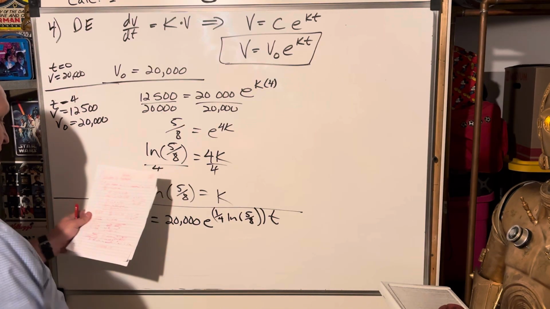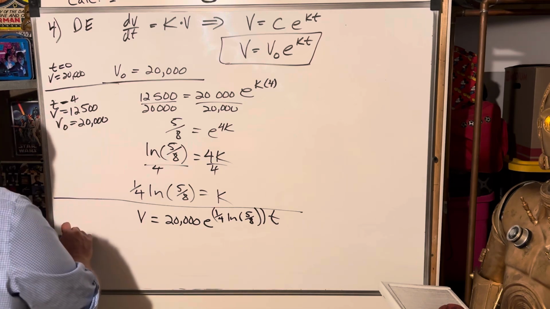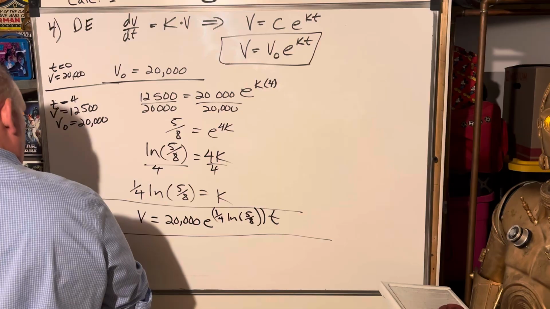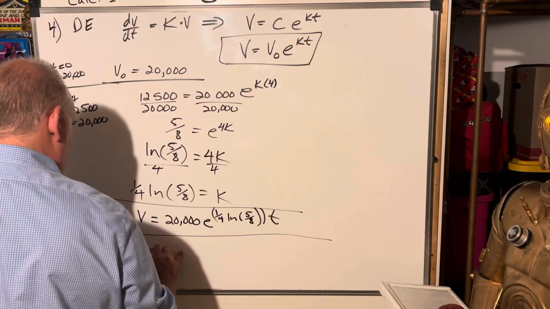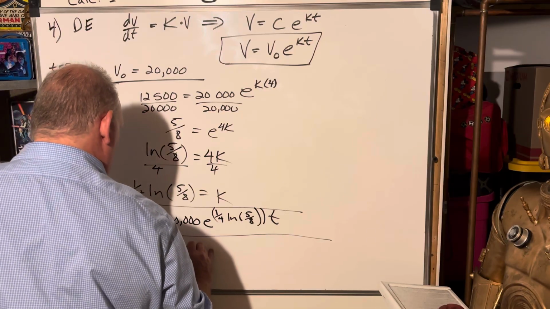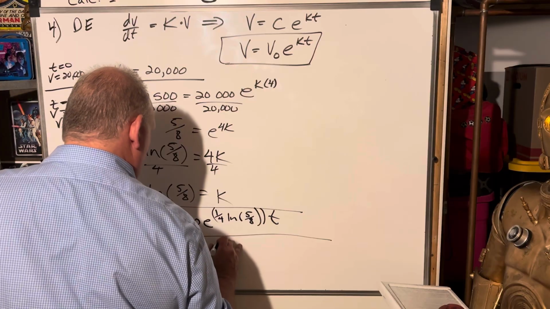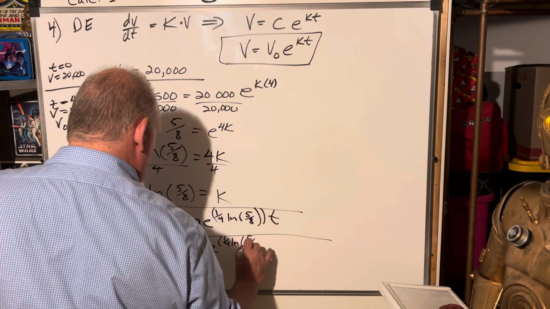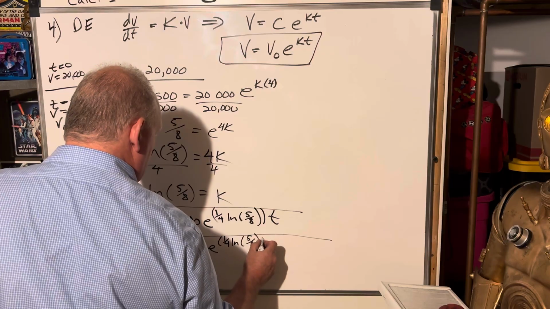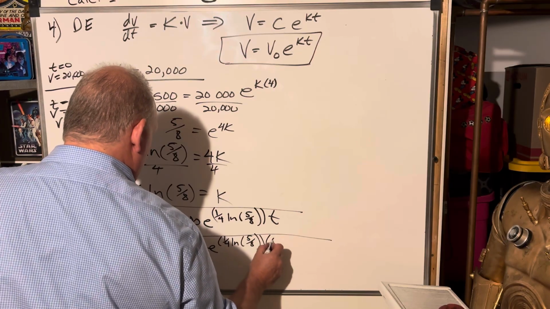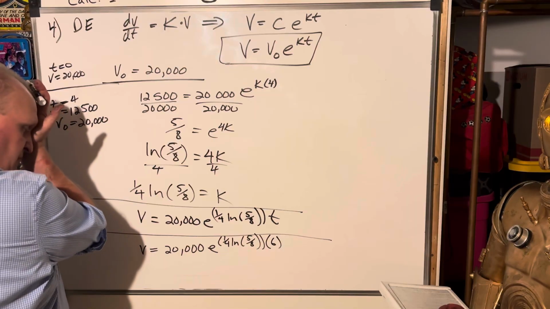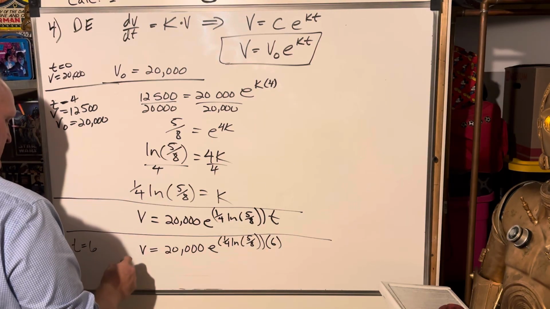I have the model now, and they want to know what it is when t equals 6. So if I don't have a calculator, this would be the answer I put on my test: 20,000 e to the 1/4 ln of 5/8 all times 6. You don't even have to simplify; you could make it 6/4 and then 3/2 ln, but this is fine.